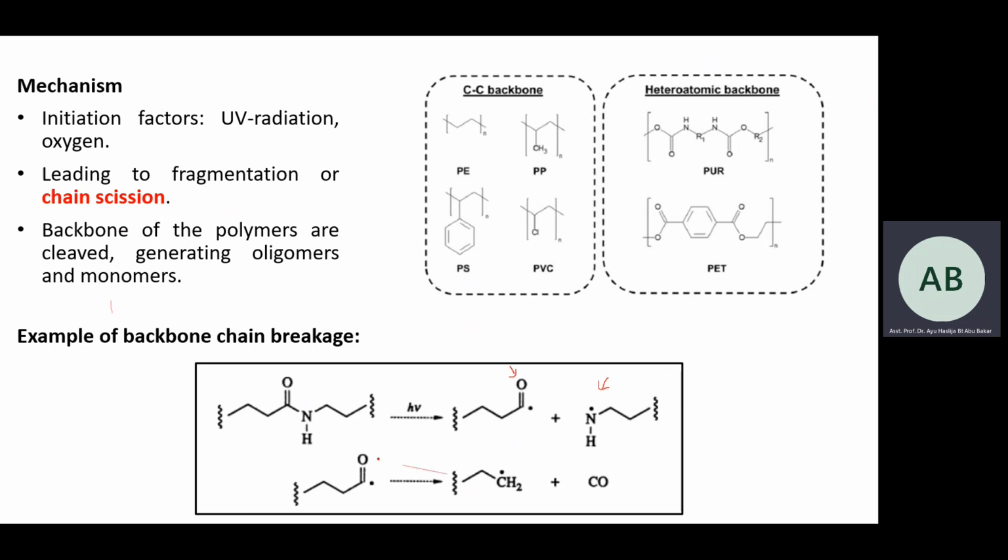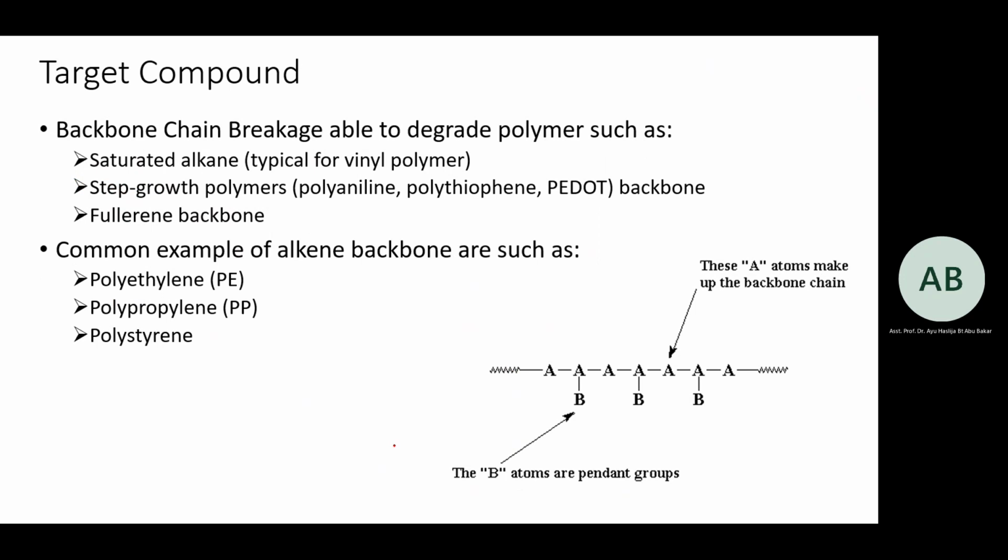Okay, this is an example of the backbone chain breakage. Different plastics have different organic compounds. Here it already shows the backbone, the main straight chain. The B atoms are pendant groups, which means the branches.